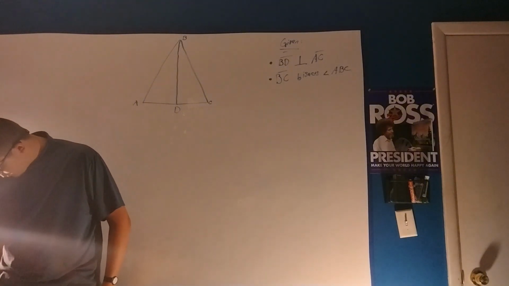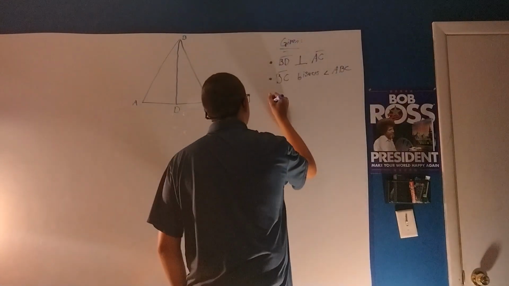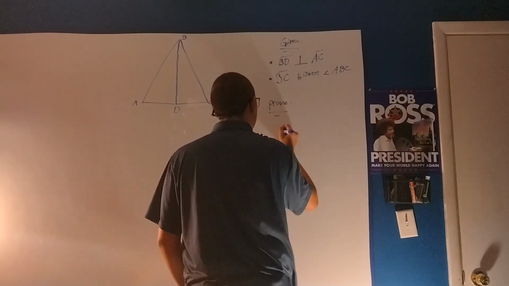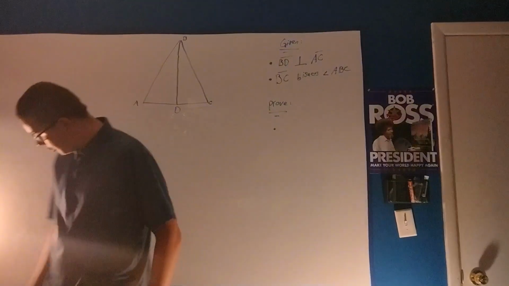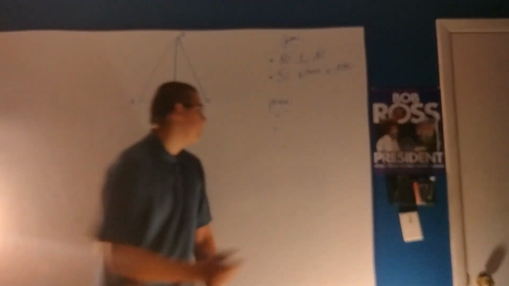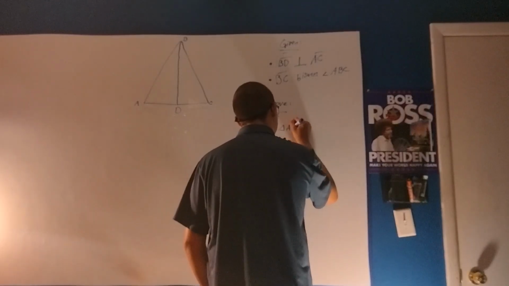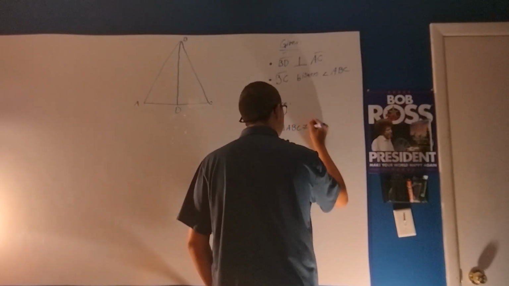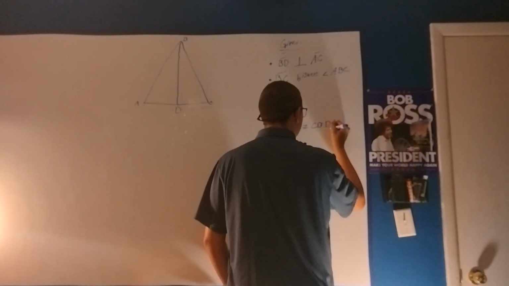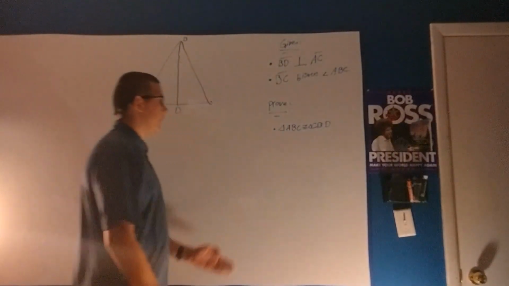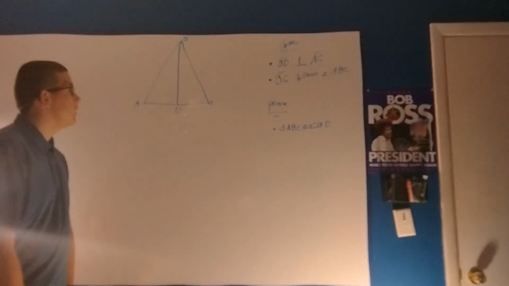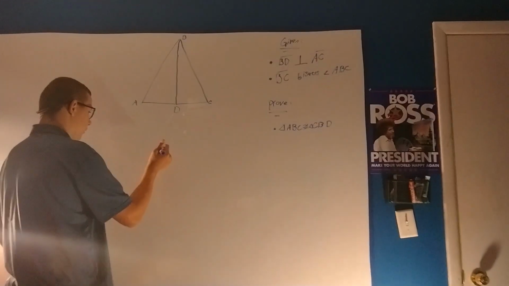Now we get to prove triangle ABC is congruent to triangle CBD. Like that. So again, try to pause here, figure it out yourself. Now I will go through it.